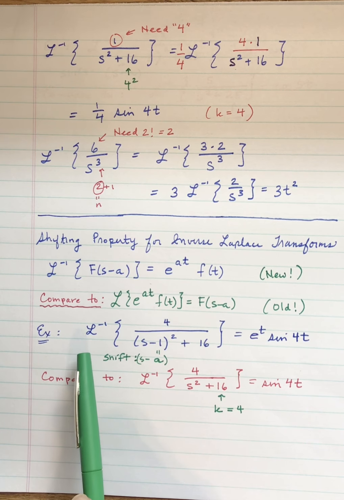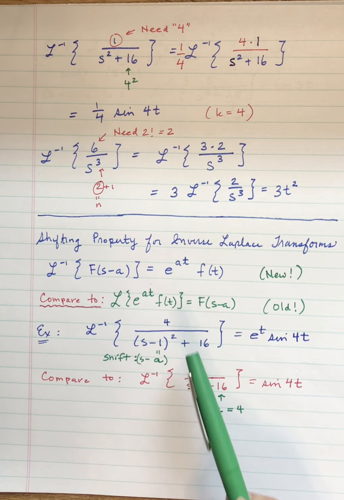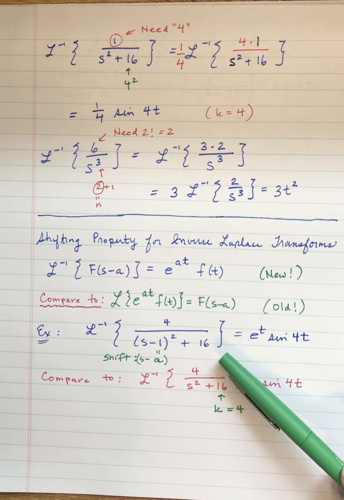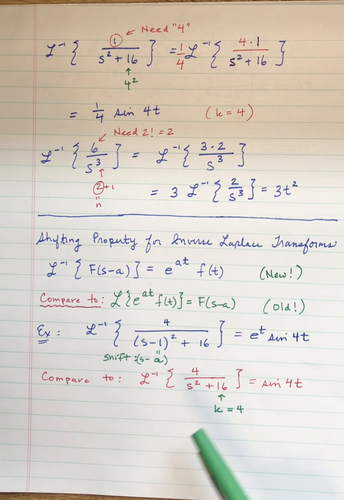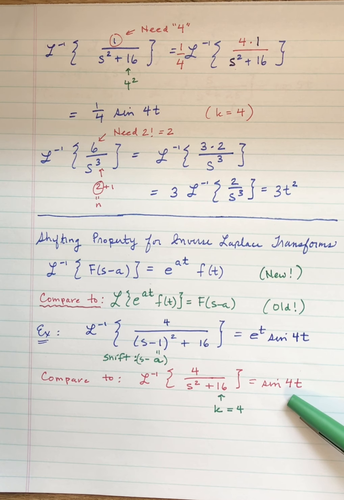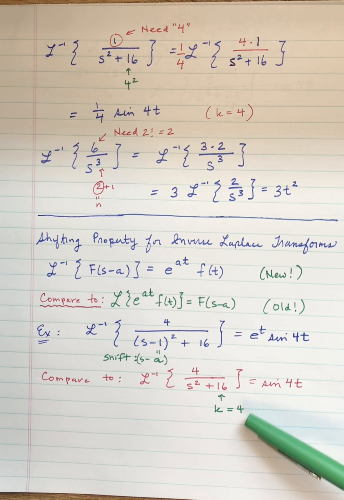Now, what about the inverse Laplace transform of 4 over s minus 1 squared plus 16? You look at this, you notice you have a shifted argument. So just compare it to 4 over s squared plus 16 without the shift. We know that inverse Laplace transform is the sine of 4t, because k is 4.